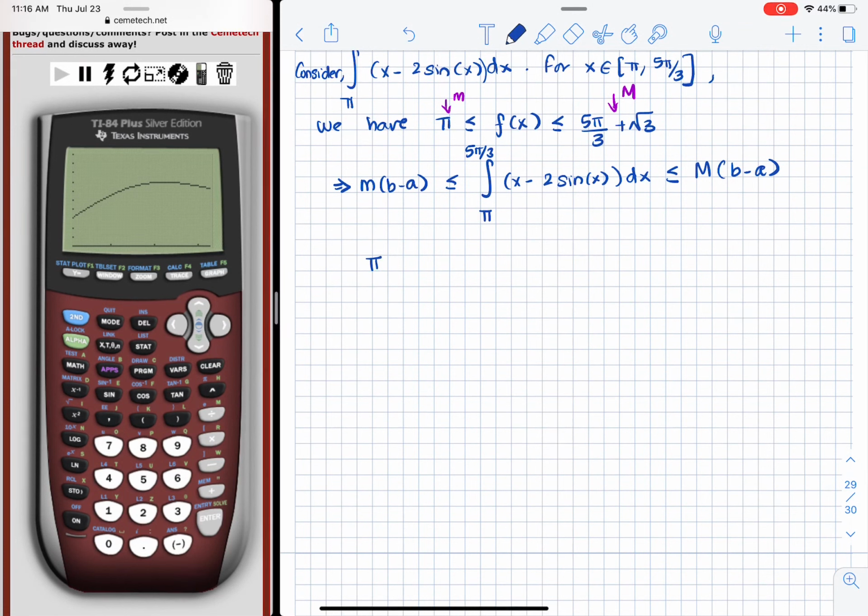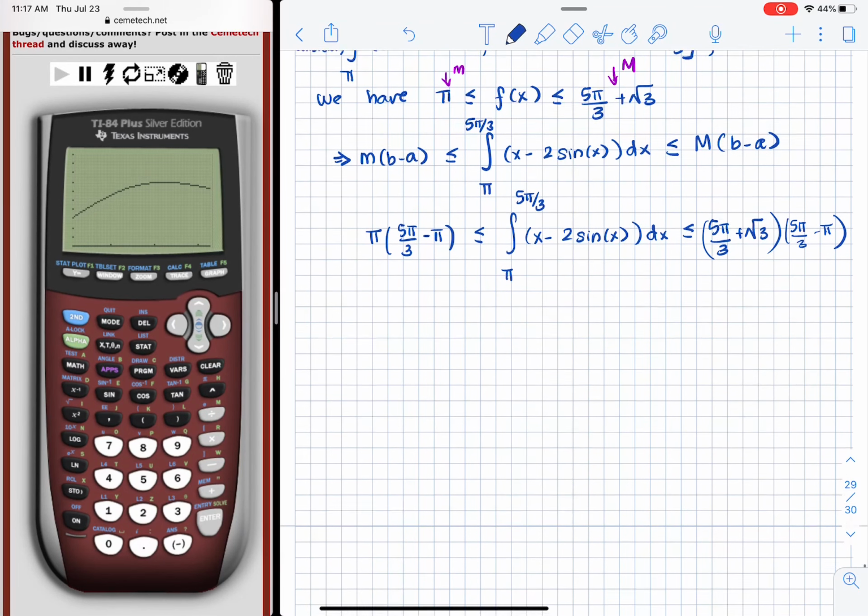So pi times 5 pi over 3 minus pi, less than or equal to the integral from pi to 5 pi over 3 of x minus 2 sine x dx, less than or equal to 5 pi over 3 plus root 3 multiplied by 5 pi over 3 minus pi.